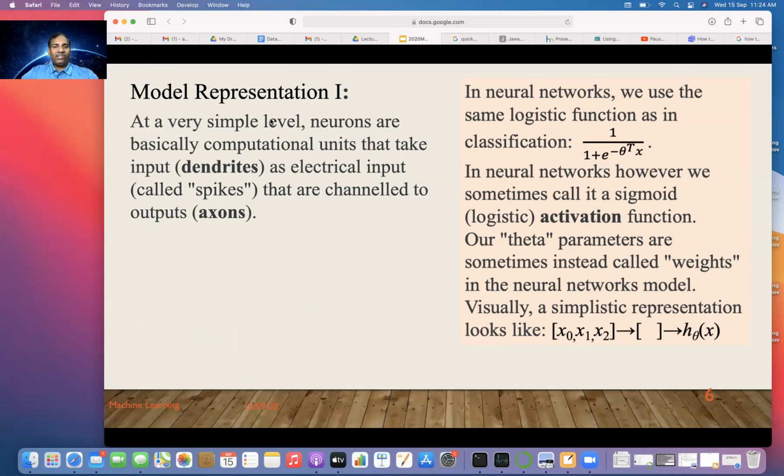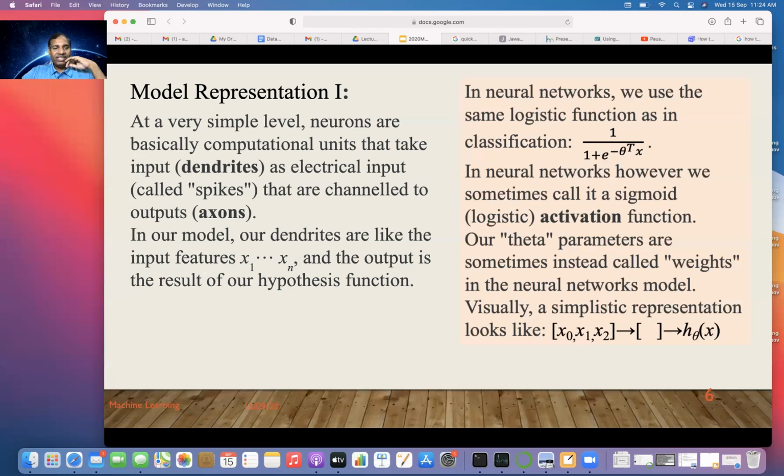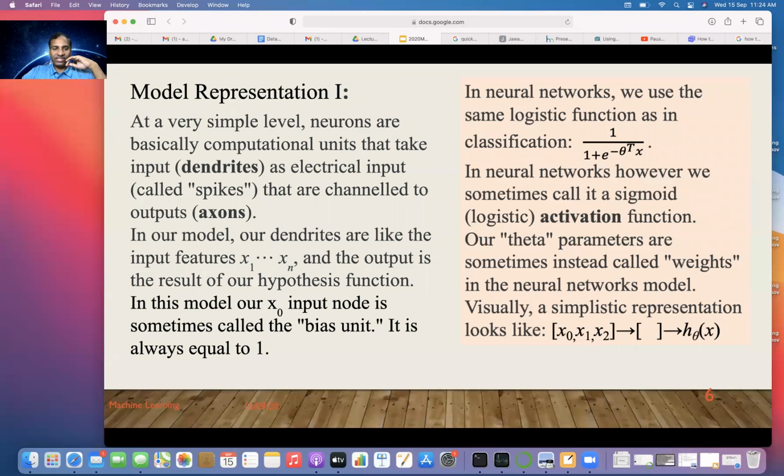Model representation 1. At a very simple level, neurons are computational units that take input, dendrites, as electrical input called spikes that are channeled to output axons. In our model, our dendrites are like the input features x1 to xn, and the output is the result of our hypothesis function.